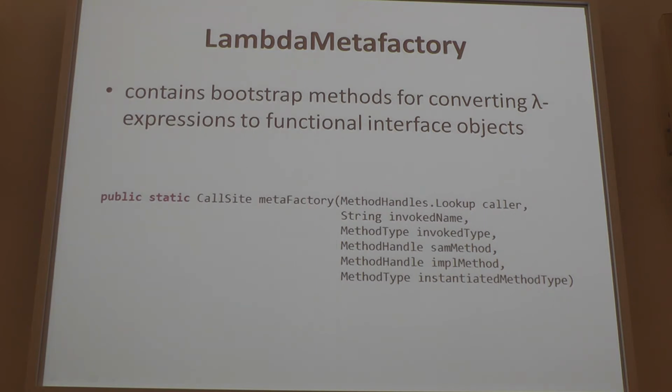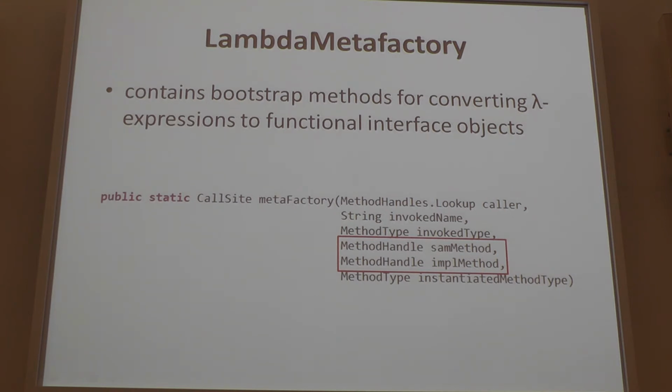There are two methods, but the important one takes a lot of parameters, and the important ones are the ones highlighted. It takes a MethodHandle, which is something in the java.lang.invoke package. It's basically a description of a method signature. It tells what the types of parameters are, how many parameters there are, and what the return type is.